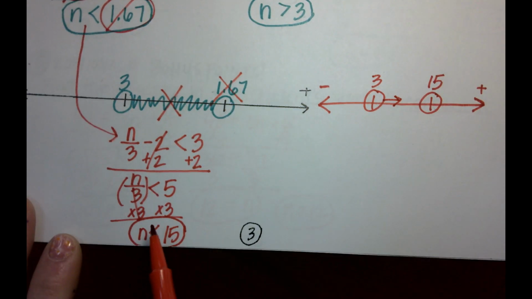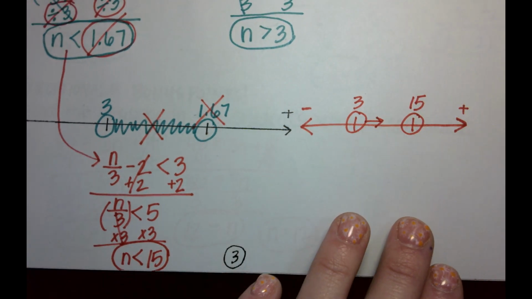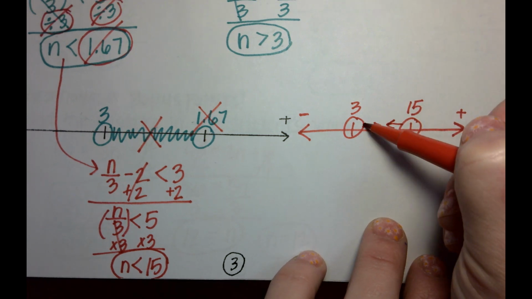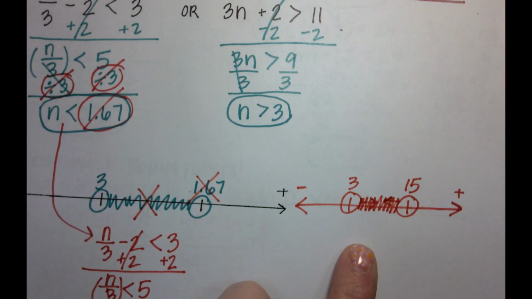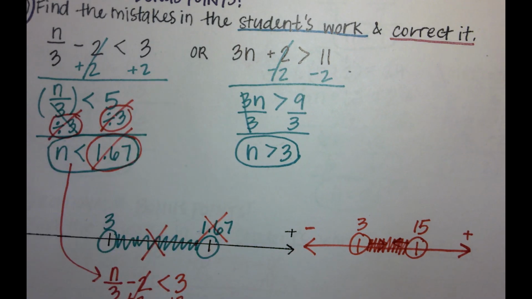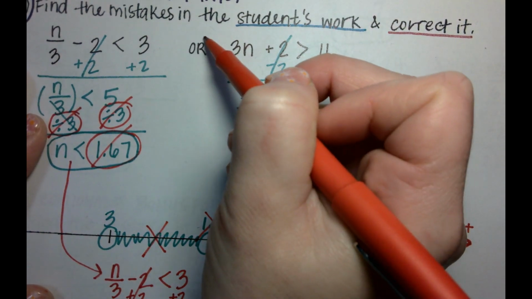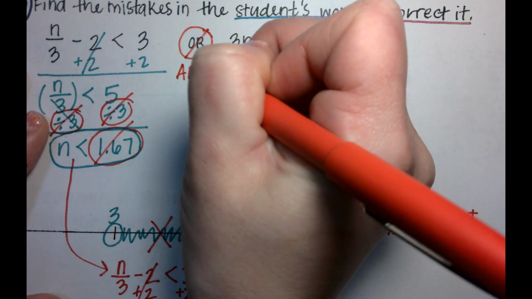And n is less than 15, so right or left? Left. Oh, but look at this. We would have to shade in the middle. So is this really an or inequality? No. So even the teacher made a mistake. You could correct that too. It should be and.